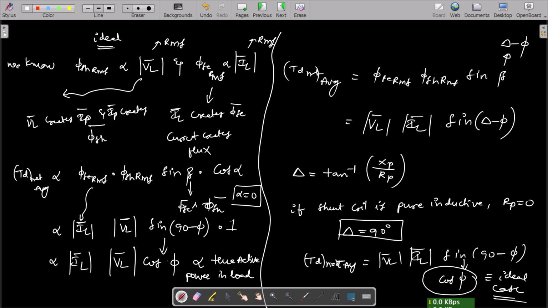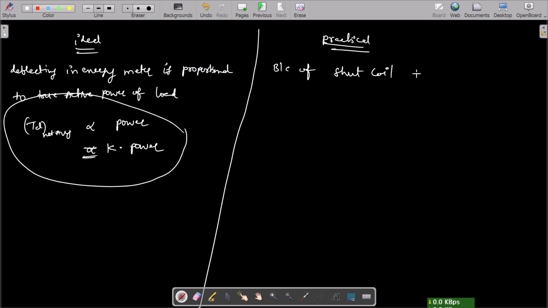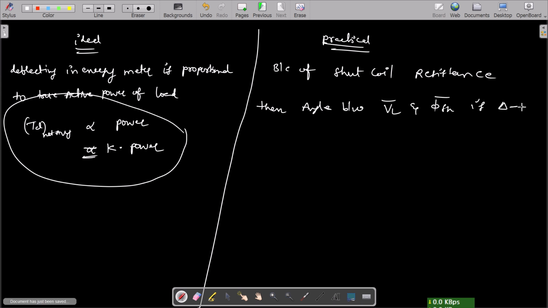So what we have to note here is that in the practical case, because of shunt coil resistance, the angle between load voltage and phi sh is delta minus phi.